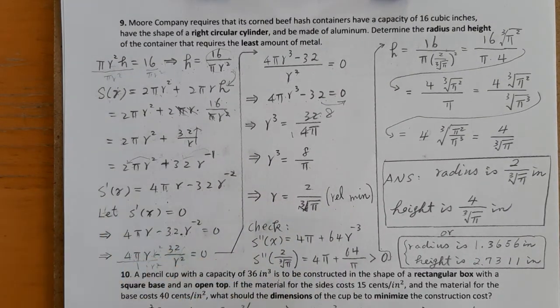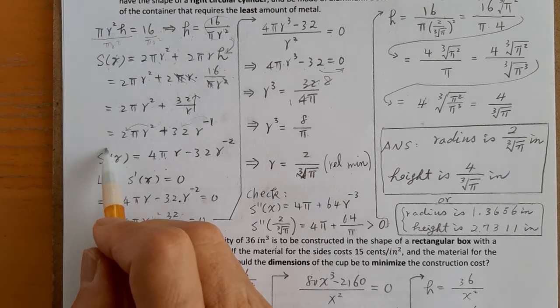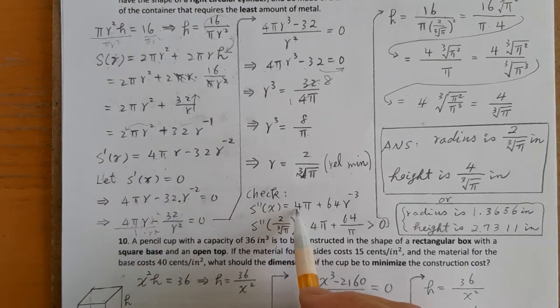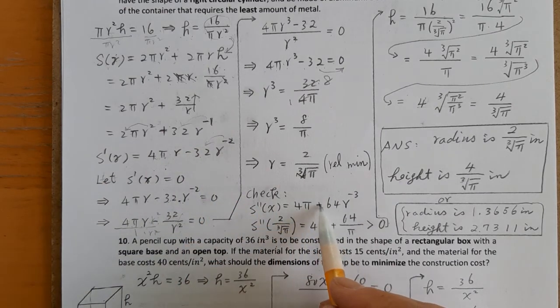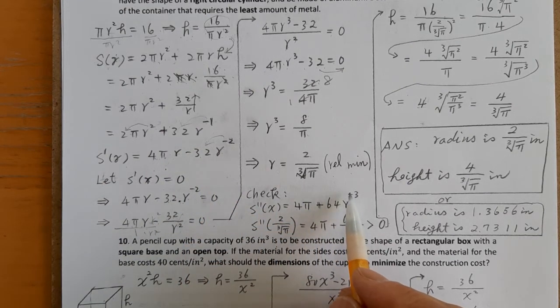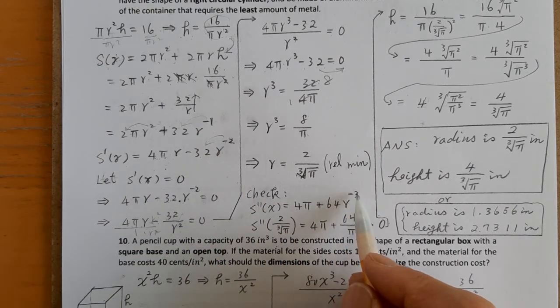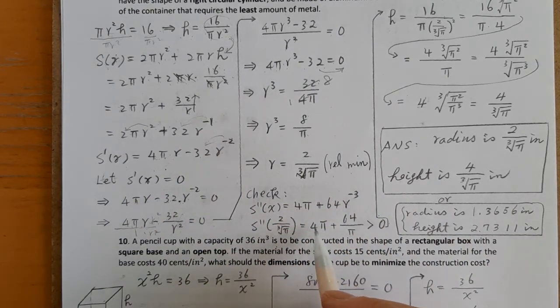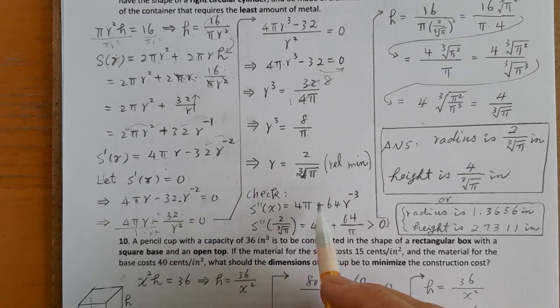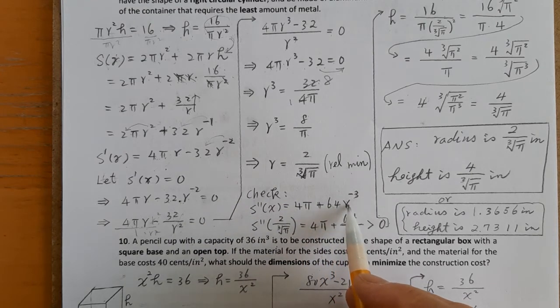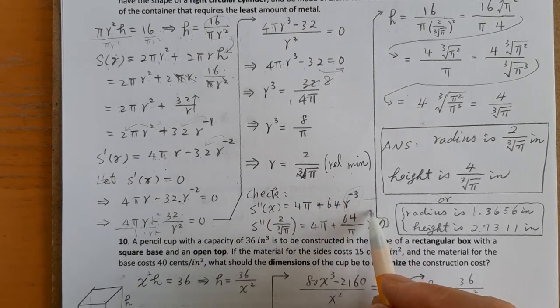You do the second derivative test. Take the derivative of this first derivative, got 4 pi. And the negative times negative 32 is positive 64. R to the power negative 2 minus 1 is negative 3. And then you got 4 pi plus 64 over r cubed. You plug it in. 4 pi plus 64 times 1 over r cubed.